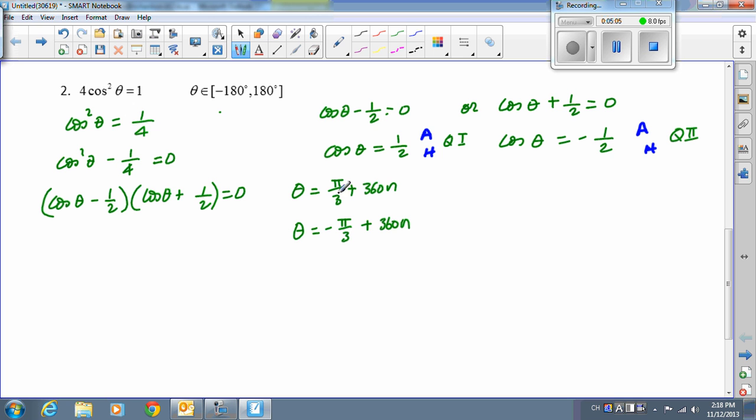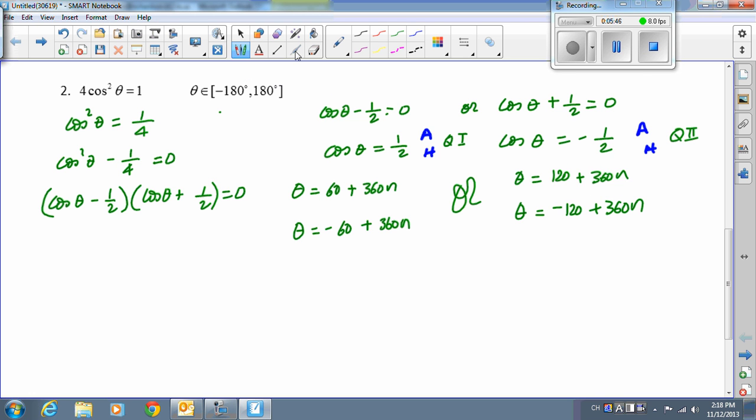You should know that I'm doing plus and minus because I'm dealing with cosine. On this other side, in the second quadrant, the reference angle is still pi over 3. So instead of pi over 3, I will have 2 pi over 3. Pi over 3 is actually 60, so I will write 60 here and 60. And here, instead of 2 pi over 3, I will have 120 plus 360n, and theta equals negative 120 plus 360n.